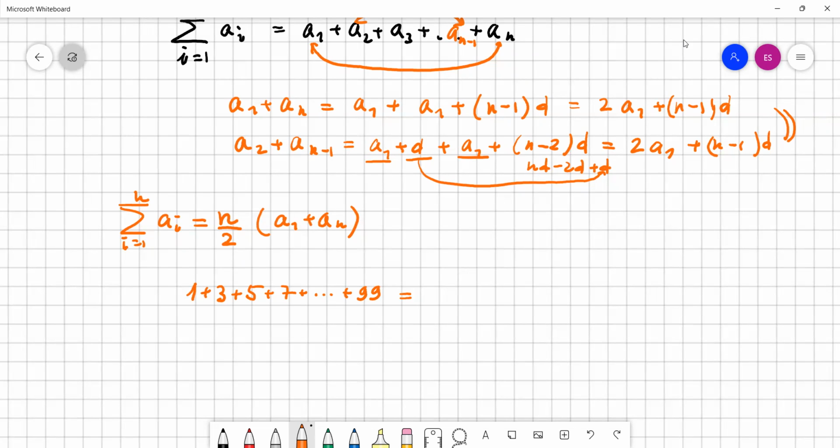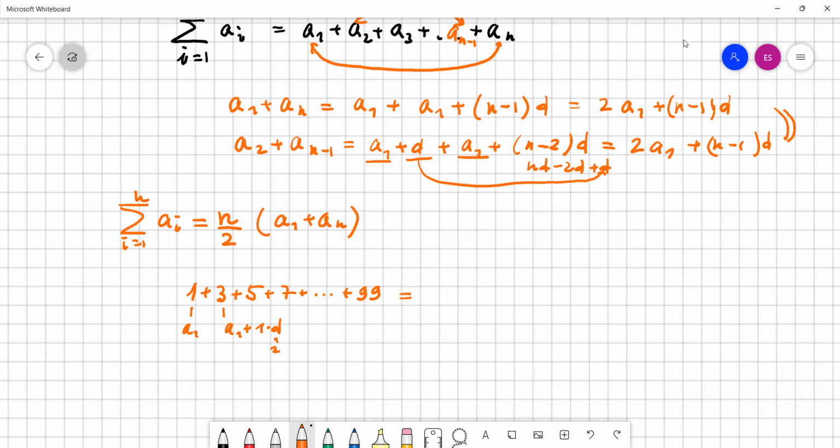So we actually have 1, this is term number 2. Well, let me just write down the terms, okay? So this is a1, and this is a1 plus 1d, and d is equal to 2.